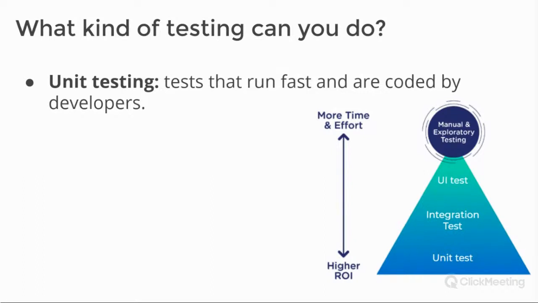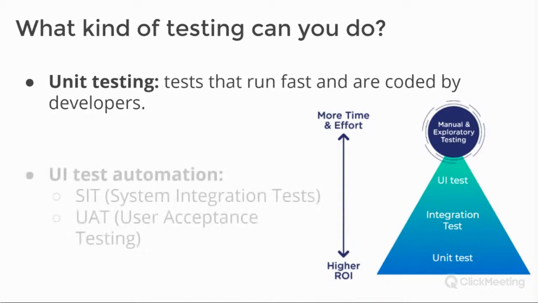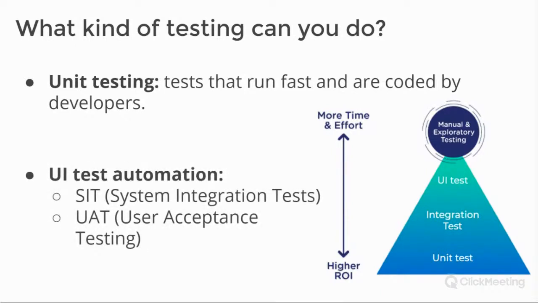On a second level, we have the integration tests, where we test the communication between different components of our application, for example, service testing. And finally, we have a third layer of UI tests, which are the user interface tests. Typically, they are used for system integration tests and user acceptance testing, and these kinds of tests are oriented to testers and QA.